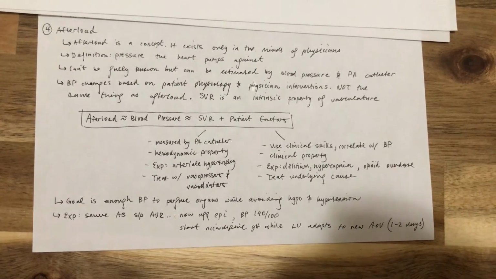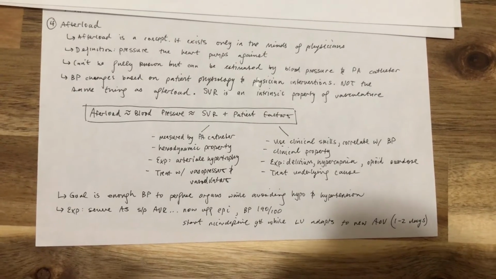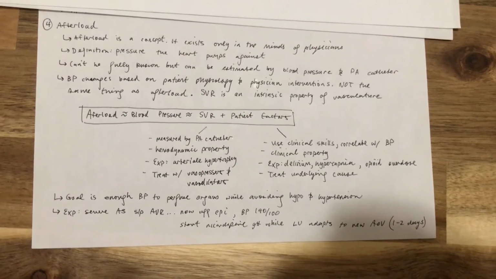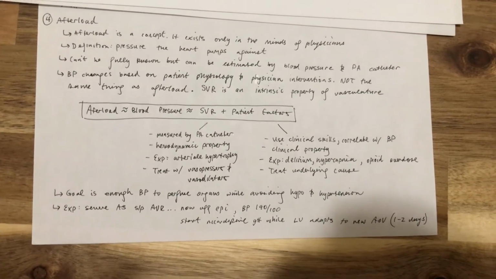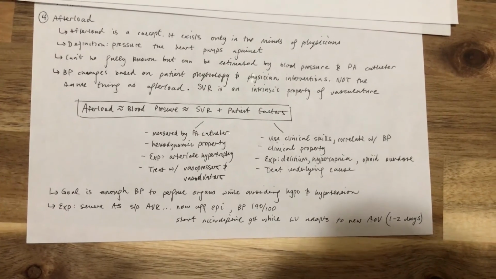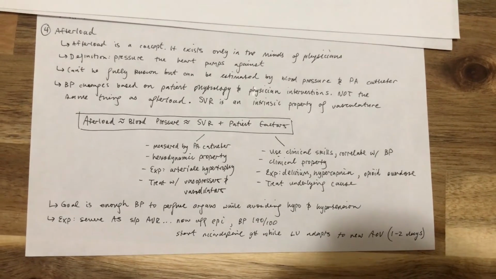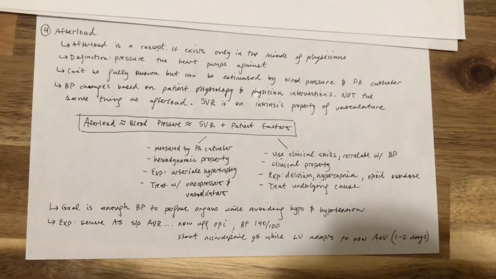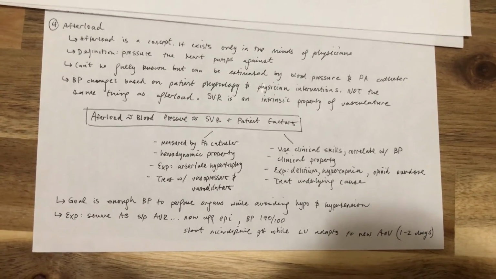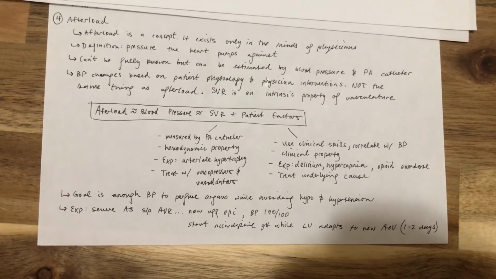So a patient who has chronic hypertension is going to have a higher baseline SVR than someone who doesn't. However, when you're in the ICU, these baseline hemodynamic factors are superimposed over patient factors such as delirium, hypercapnia, opioid overdose, pain, and all these things can change hemodynamic values temporarily.